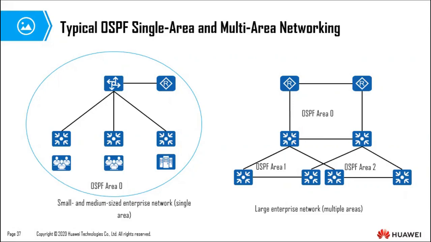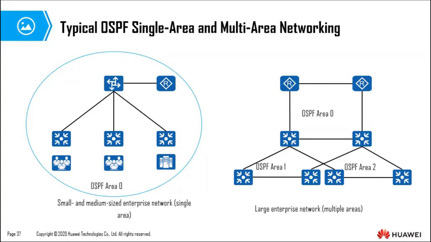Area 0. Yes, you configure the core layer routers in area 0. So you now divide the aggregation layer into several areas. Remember that is where OSPF ends, because in the access layer we don't configure a routing protocol, right? Because you're using layer 2 communication, layer 2 switches.